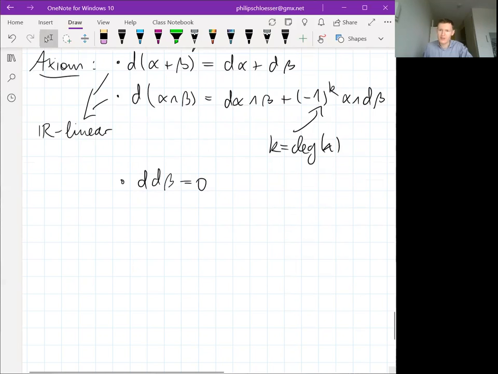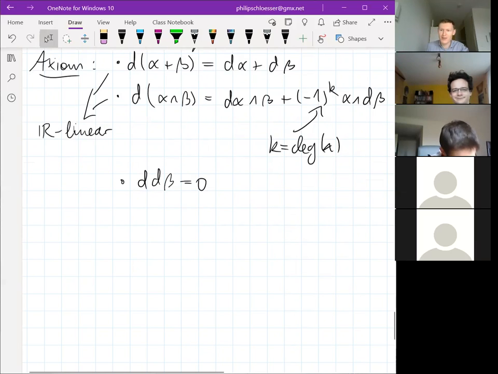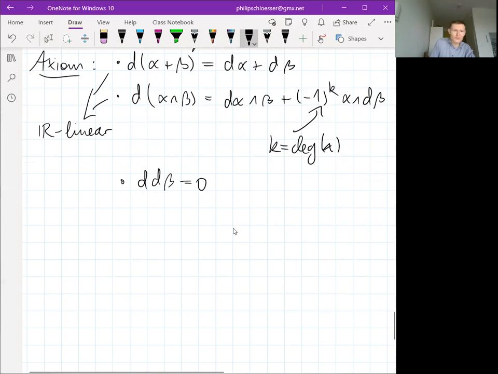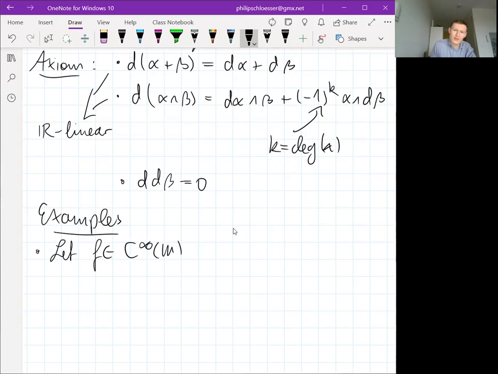So let's calculate a few of these in coordinates. I've already said it, but if you have just a scalar function, then we can write df as the derivative of f in the direction xi times dxi.